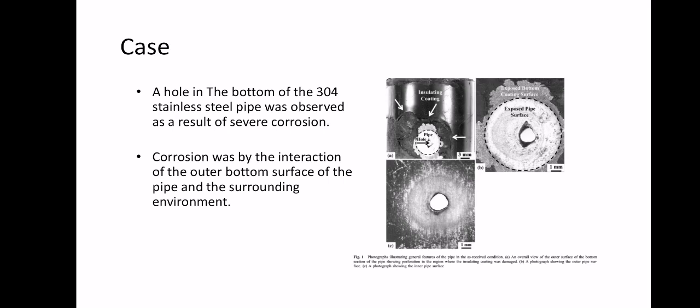In this picture, we can see that the insulating coating was damaged in this area. This is a better picture. You see, this is the exposed pipe surface, and here is where the hole happened. So this is the main problem here. This is another picture, but from the inside we can see that nothing is observed. So it's okay from the inside, but it has a hole, so big problem.